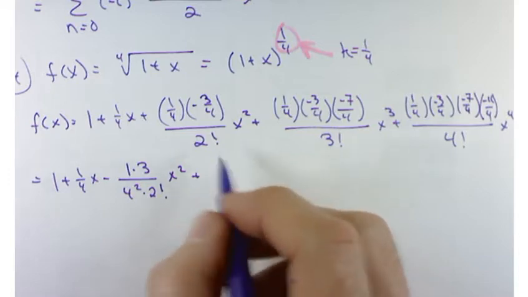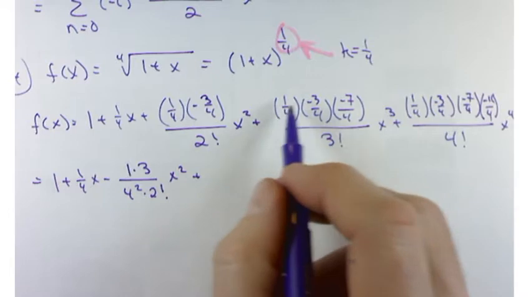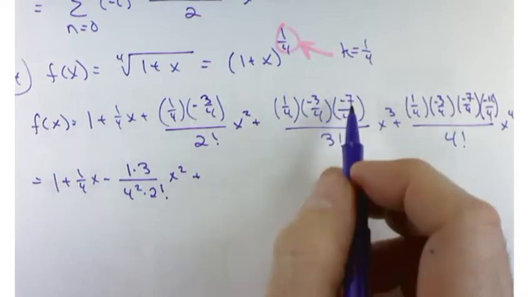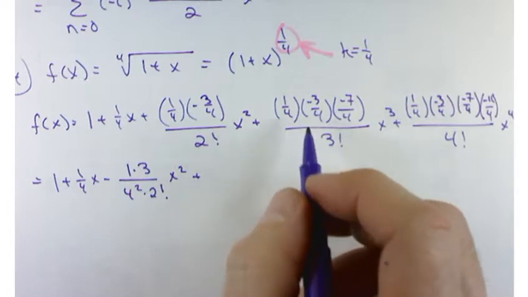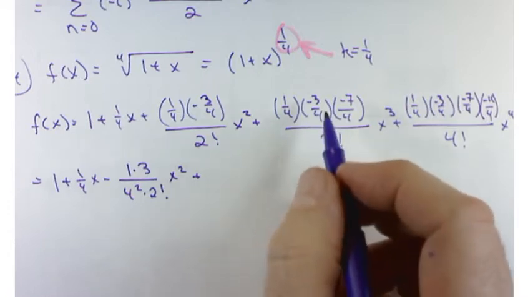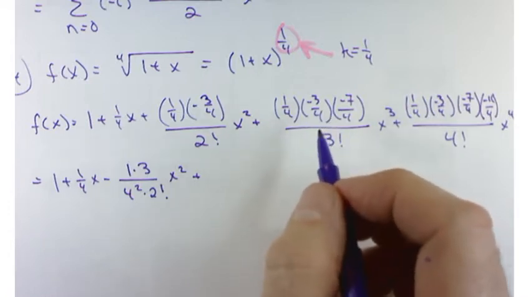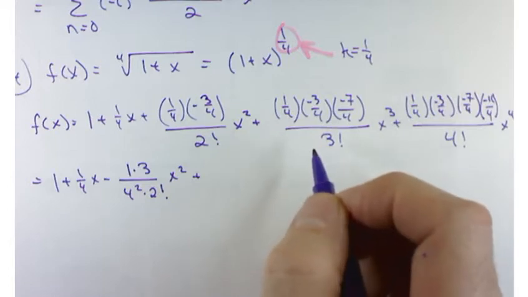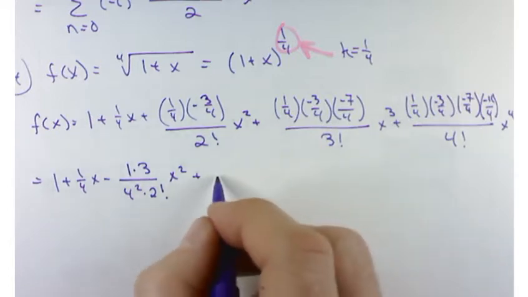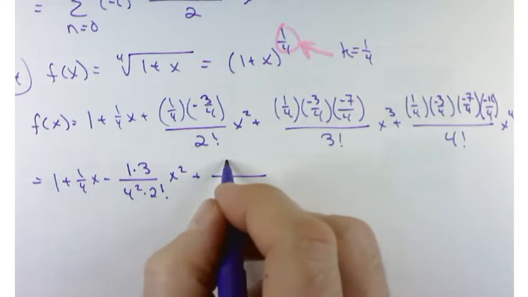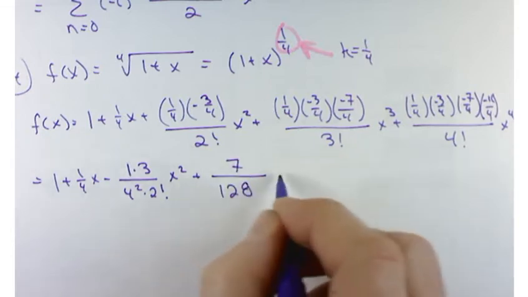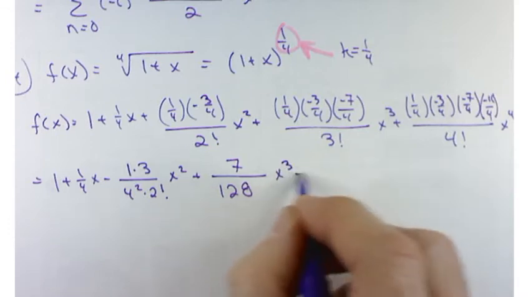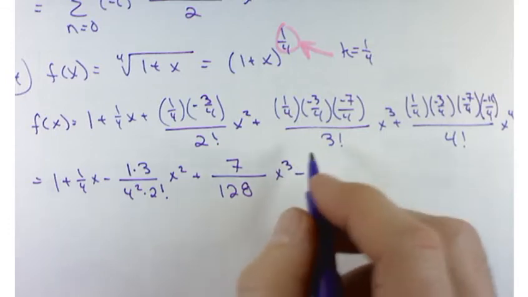That's going to be 1 times 3 times 7, or 3 times 7 is 21. 21 over 6, you're going to get some cancellation. The 3's will cancel. So 7 over 128. So 7 over 128 x cubed. And the last one, what a monster that one's going to be.